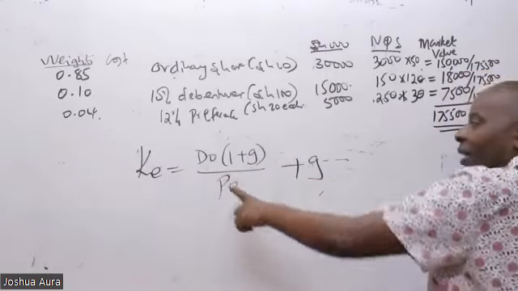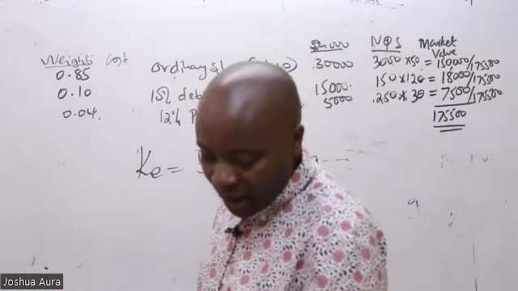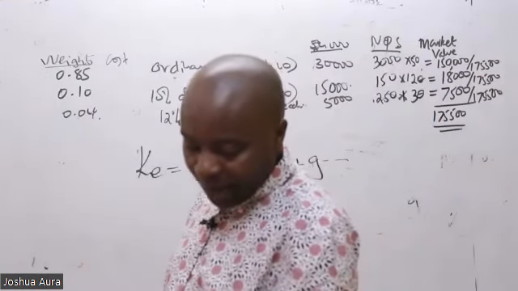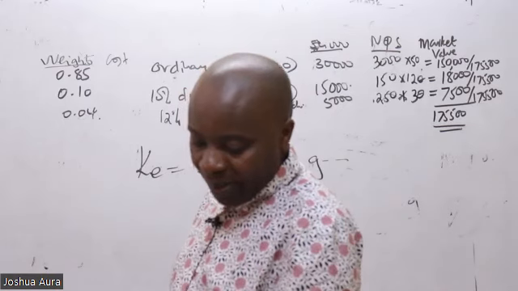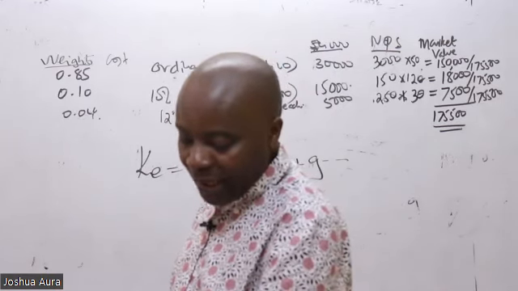Let's start with D0. So in this question, ladies and gentlemen, do we have D0? Let's see. Note number 4 tells us the company currently adopts a 60% dividend payout ratio as its dividends.